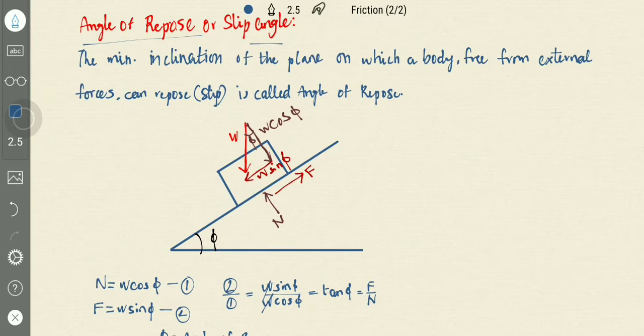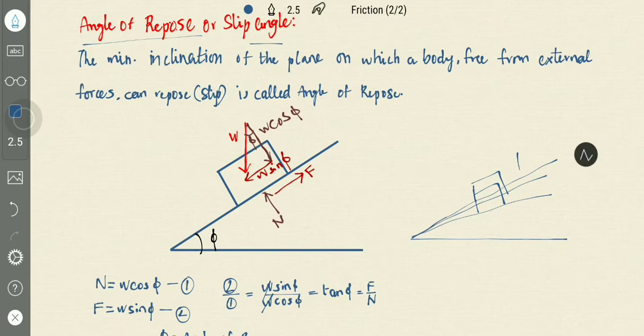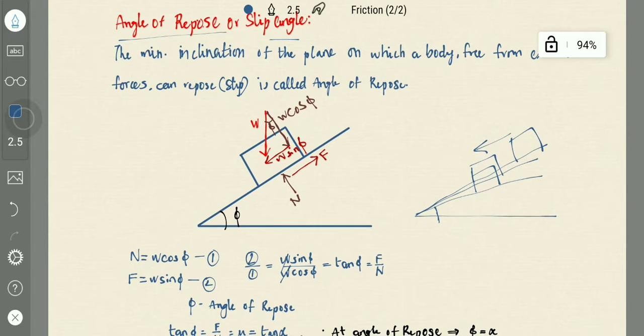It means that if there is a small inclination and a body is staying on this inclined plane without sliding down, and the angle is increased and the body is not sliding down yet, at a particular angle the body starts sliding down. This angle at which the body starts sliding down is called the angle of repose or slip angle.